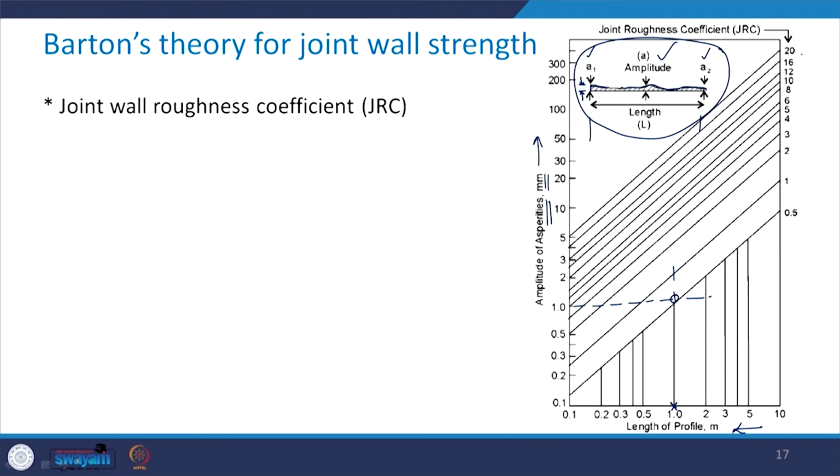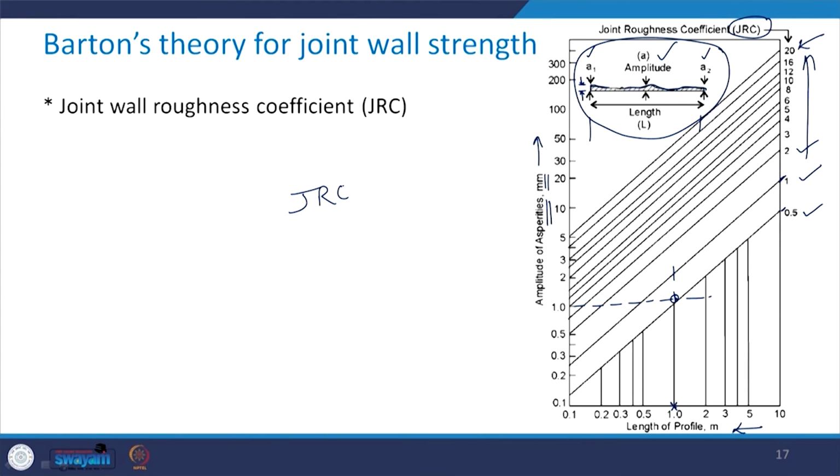You can see that some numbers have been given which represent the values of JRC, starting from 0.5, 1, 2 and going up to 20. This point is lying between 0.5 and 1, so you interpolate and find the value of JRC.